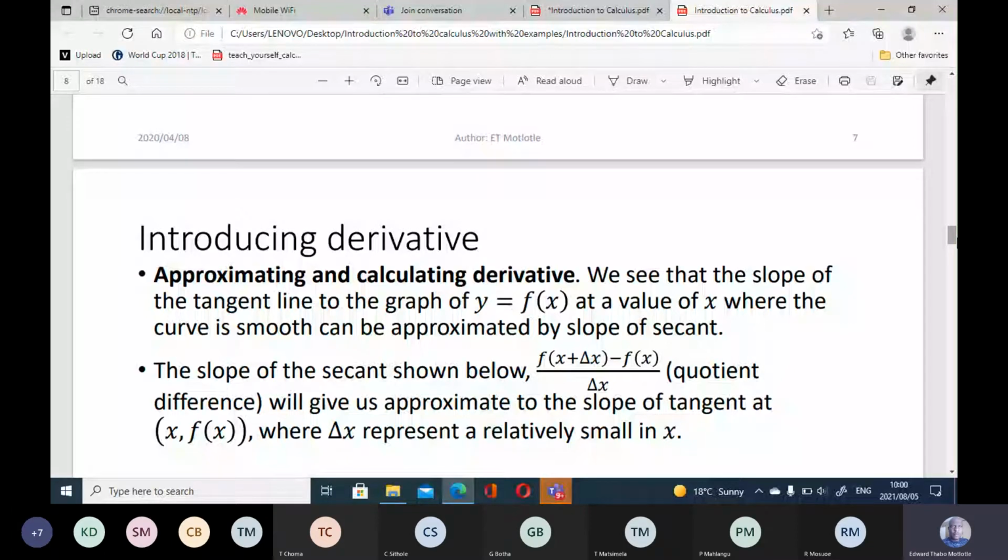We see that the slope of the tangent line of y equals f(x) at the value of x can be approximated by the slope of a secant. So here basically what you are explaining is that, let's say we have this curve here. So this is y, and at this point here is P, and here is Q. To find this slope at P, you are approximating this point here.